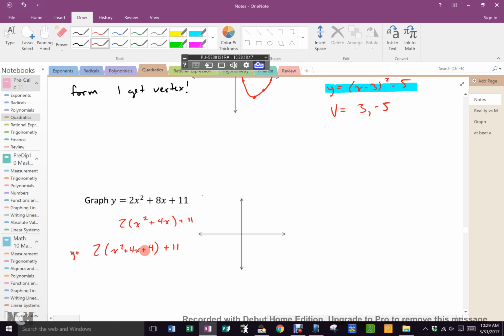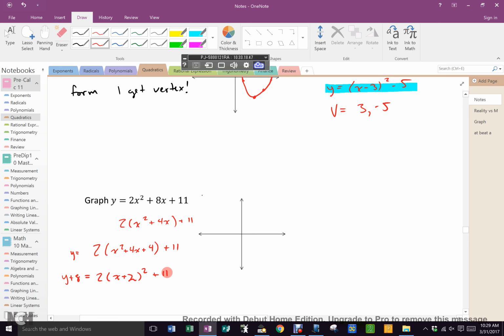I added 8, didn't I? So what do I add to this side? 8. Everybody good? So now I've got y plus 8 equals, what's this factor to? 2 times x plus 2 squared plus 11, yes?